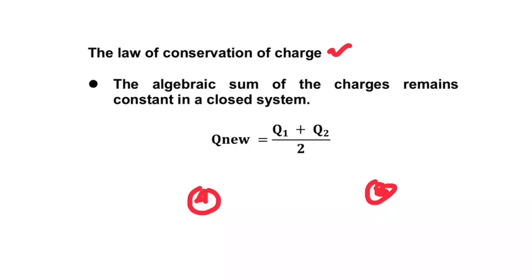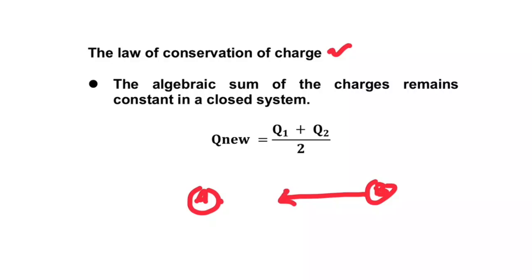When they touch, there is an exchange or sharing of electrons. If A has more electrons, it will give B some of its electrons, so that after they're separated, they have an equal number of electrons. The same is true if B has more electrons than A: it will give A some of its electrons, so that after they're separated, they have an equal number of electrons.